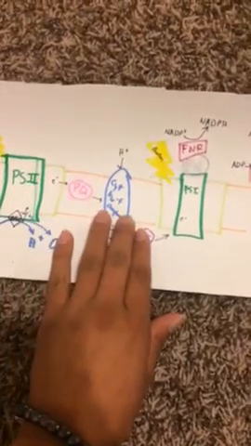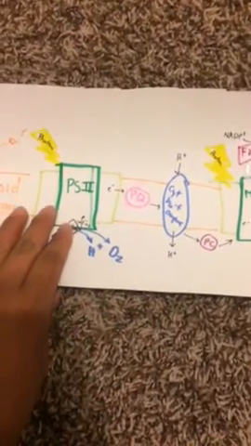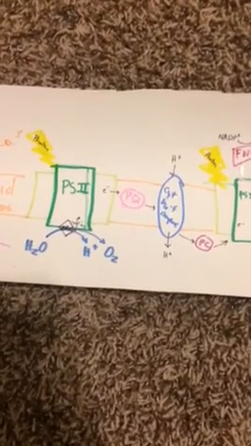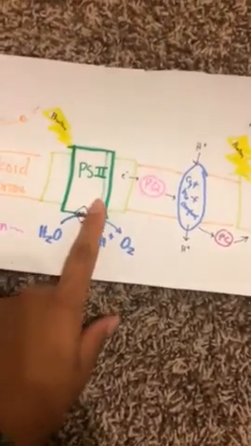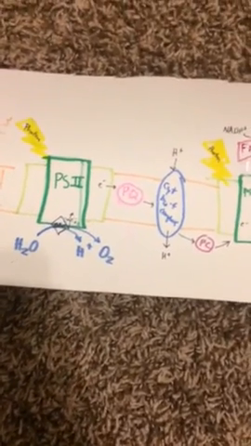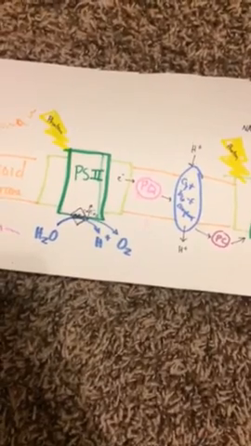Now, as that electron is moving on, the chlorophyll inside photosystem 2 realizes that the electron is gone and feels that it needs to be replaced. So what it does is it oxidizes a water molecule.